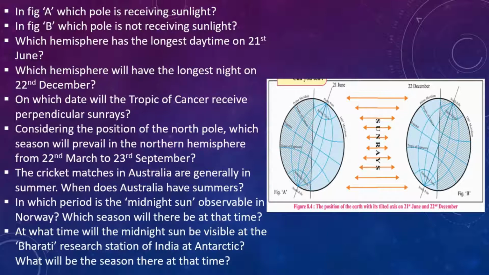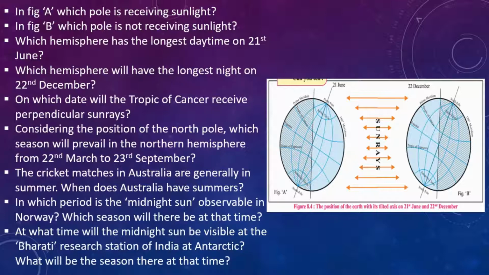Next, in which period is the midnight sun observable in Norway? Which season will there be at that time? Midnight sun is observable in Norway from 21st March to 23rd September. It will be summer in Norway at that time.